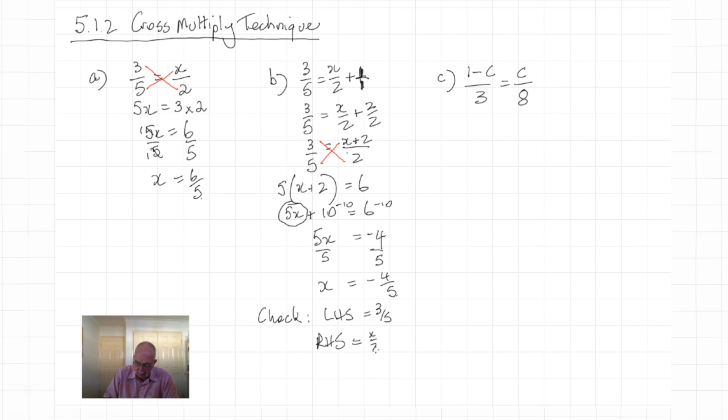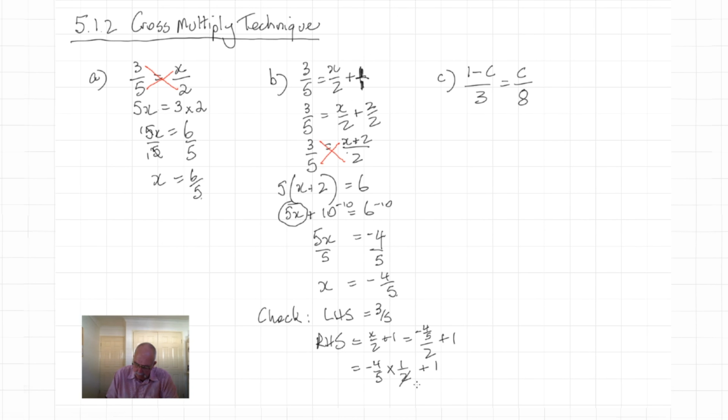So x on 2 plus 1 equals, now x is equal to minus 4 on 5 all over 2 plus 1 equals, we are dividing by 2, so we've got negative 4 on 5 divided by 2. Now 2 is 2 on 1, so we're dividing by 2 on 1, so we change the divide to a times, and we flip 2 on 1 to 1 on 2, plus 1.